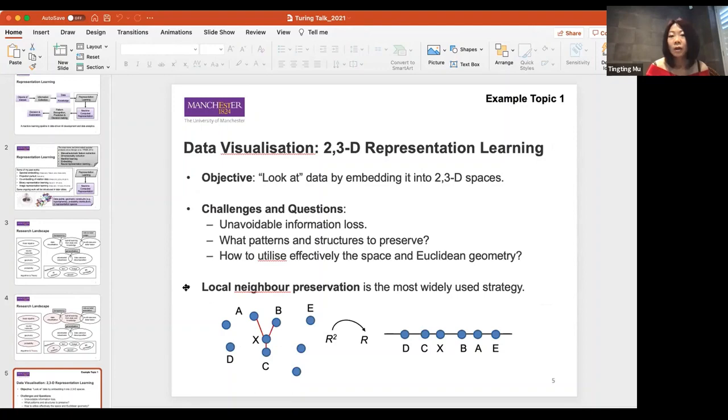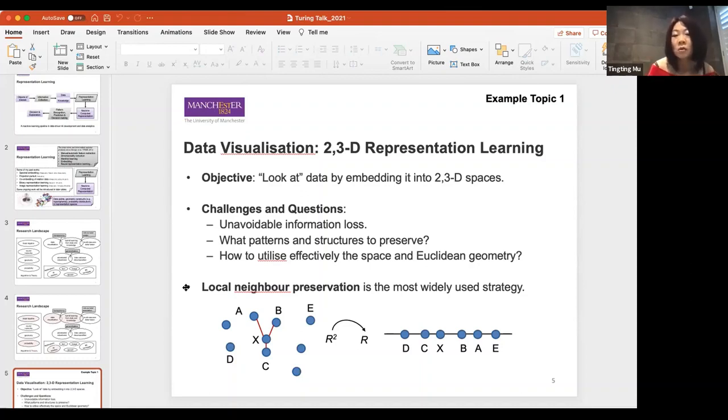The challenge of this research task is imposed by its natural setting, which is the dramatic reduction of parameter freedom. You can only use 2 or 3 coordinates to characterize each data point. Because of this, information loss is just unavoidable.